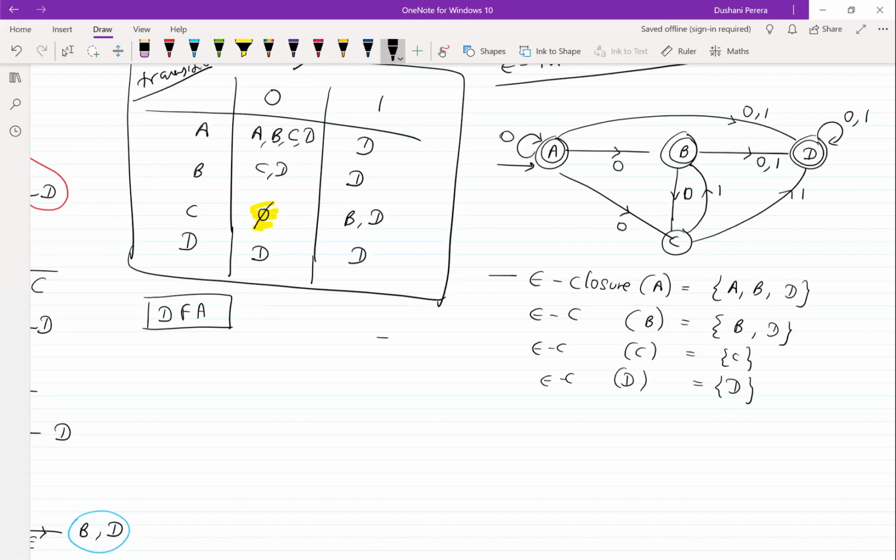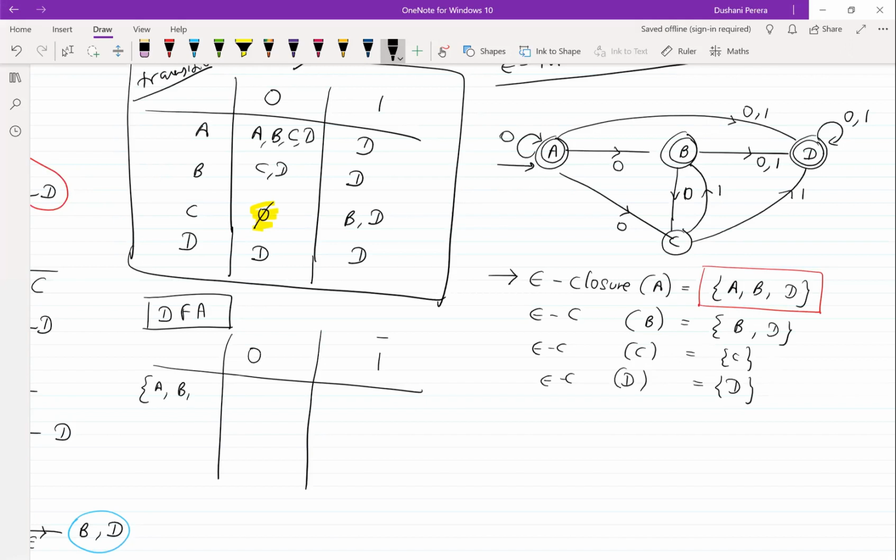This was my initial state. Therefore, this is what I choose as the initial state for my DFA. Remember that. This happens when you convert the epsilon NFA into your DFA. So when you do the transition table, what do you choose as your initial state? The E closure of that: A, B, D.